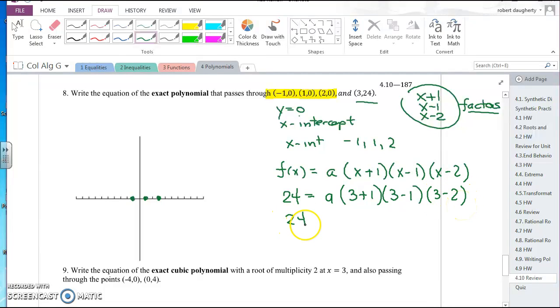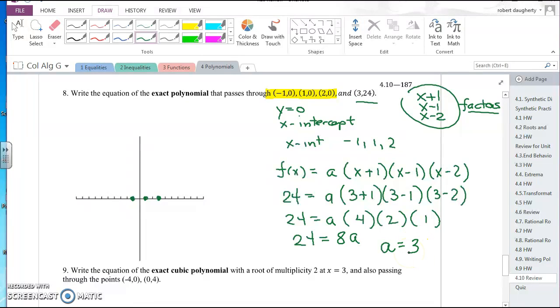So 24 is equal to a, and this is 4 times 2 times 1. So that is 8. So 24 equals 8a. So a is equal to 3, okay?